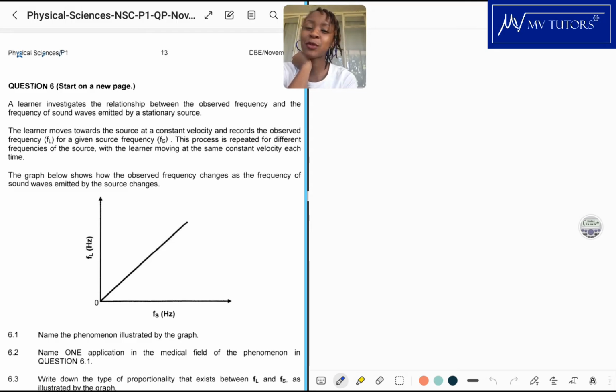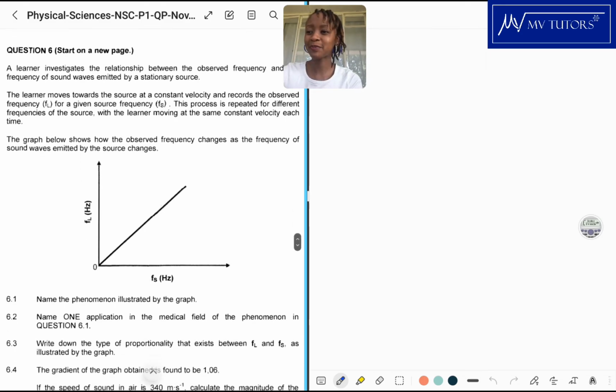This process is repeated for different frequencies of the source, with the learner moving at the same constant velocity each time. The graph below shows how the observed frequency changes as the frequency of sound waves emitted by the source changes. We can see that the relationship is quite linear. As the frequency of the source increases, so does the frequency of the listener. Let us answer the questions that follow.